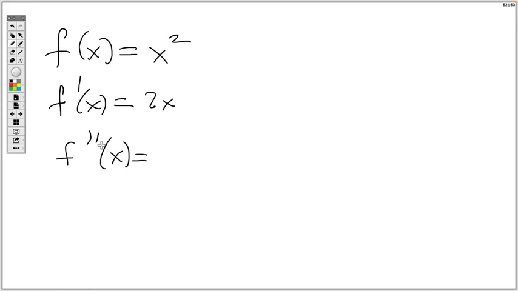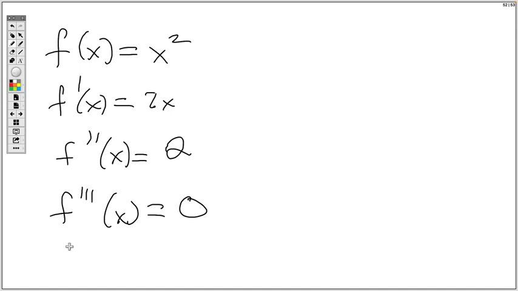So f double prime means the derivative of the derivative, which in this case would be what? 2. Could you take the derivative again? Sure. Then you'd have f triple prime, and that would be what? 0. Can you take the derivative of that? Yeah, it's going to be what? 0, 0, 0, 0, forever, right?